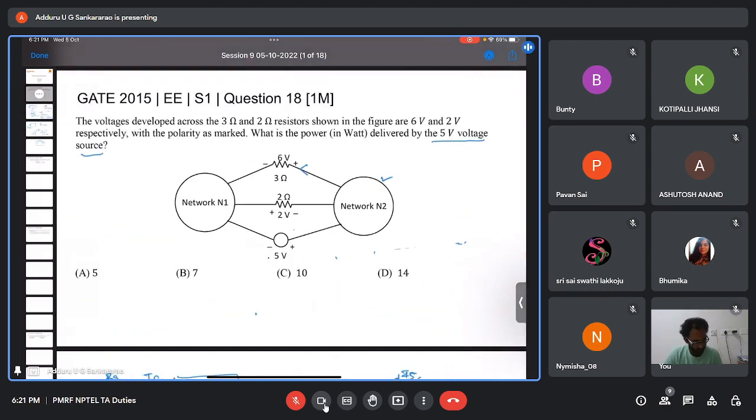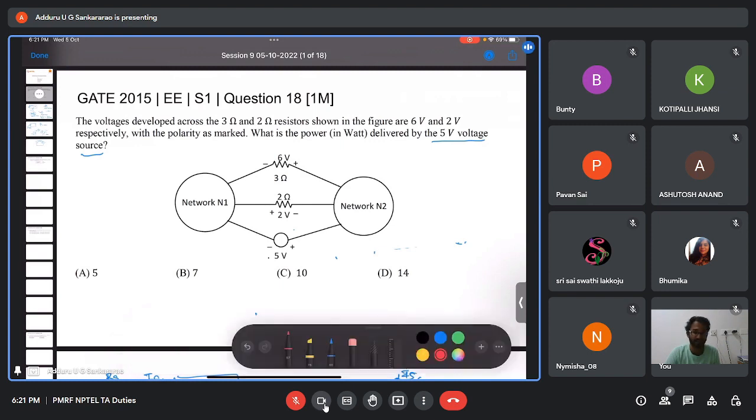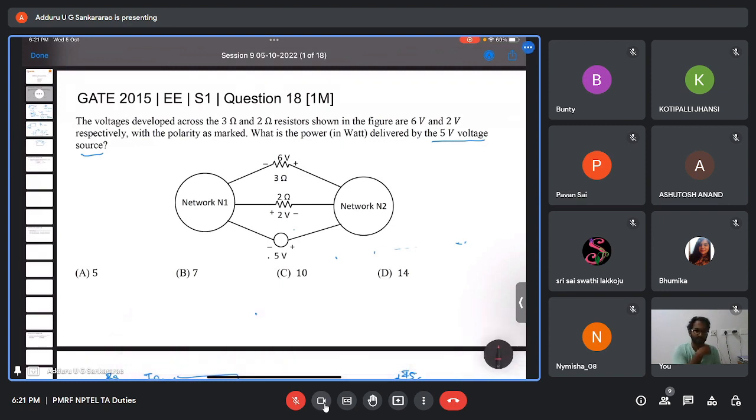Now can you tell me, in this 3 ohm resistor, what is the direction of current? Can somebody tell me what is the direction of current, the top branch?